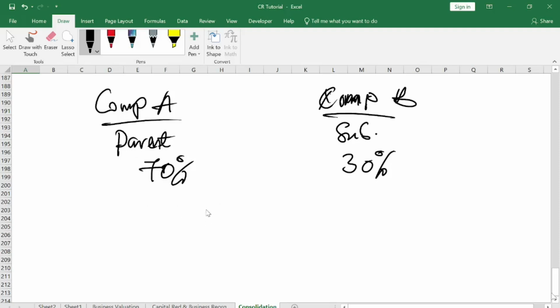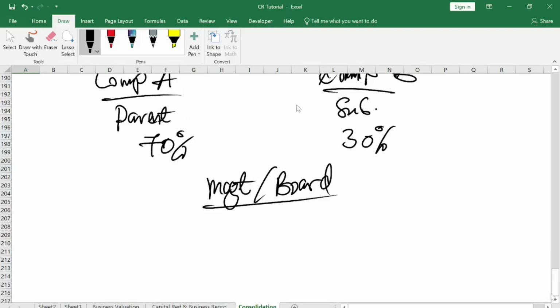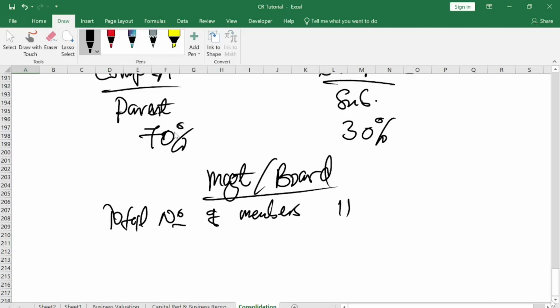Now on their board management level or board level, they need to have representatives from both companies. So since this one is the parent, the company which is the parent will submit 7, and then the subsidiary will submit 4.